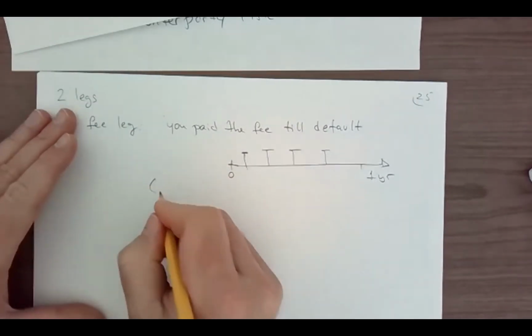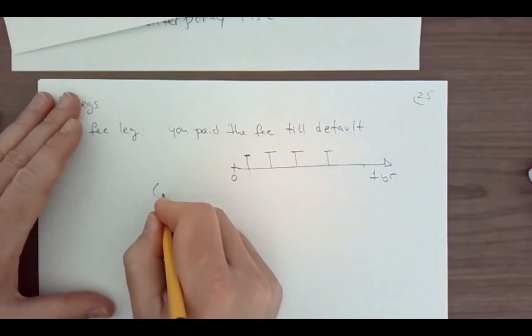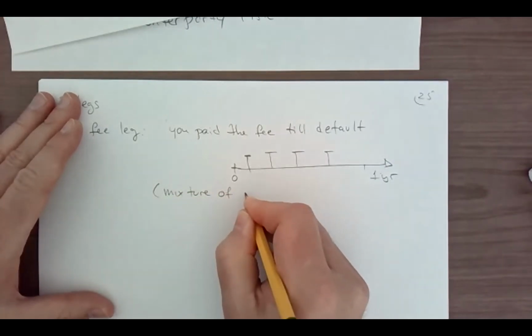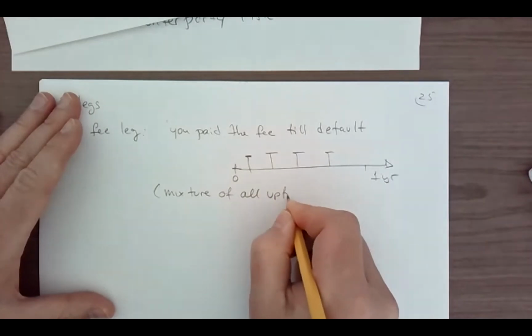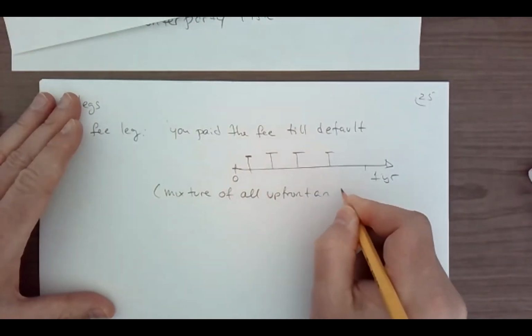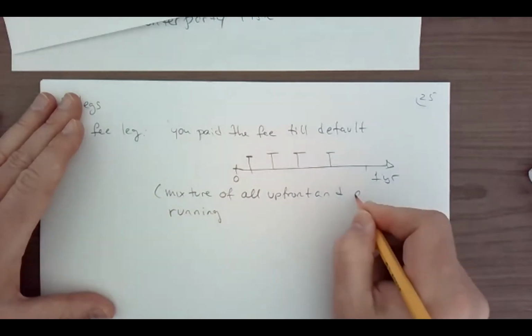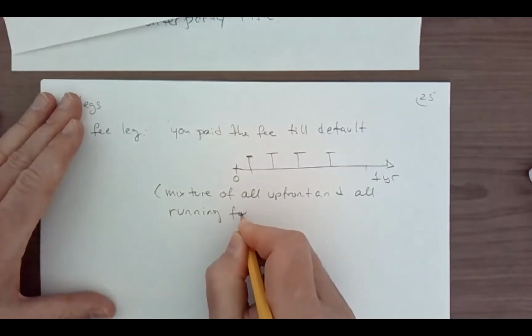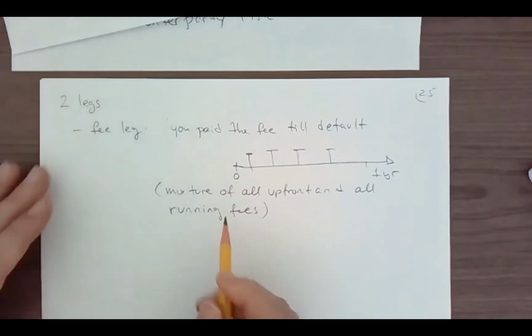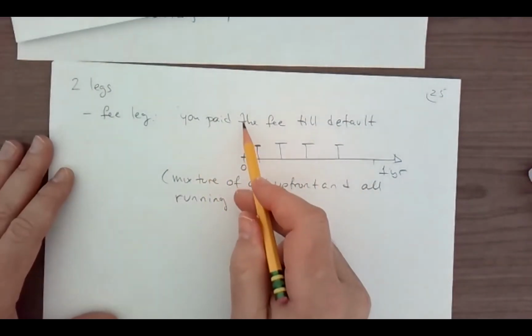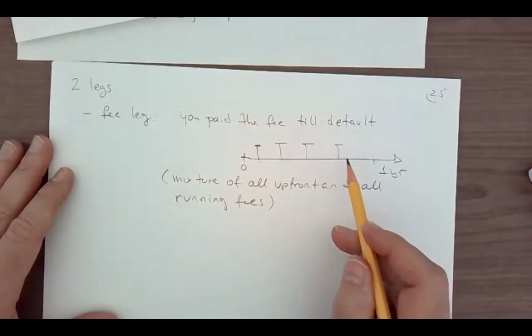There are some that are like a mixture of all upfront and running, and all running fees, in the sense that there are CDS contracts out there where you pay everything up front instead of paying it periodically.